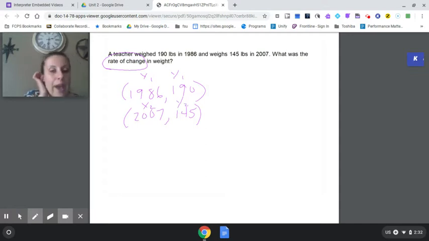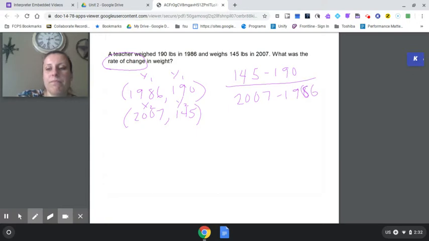So if we go ahead and subtract y2 minus y1, 145 minus 190, and I'm dividing that by 2007 minus 1986.